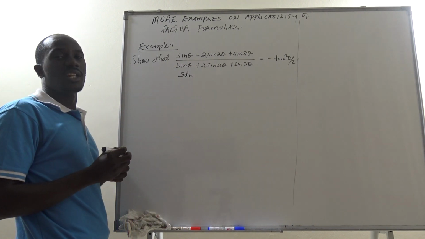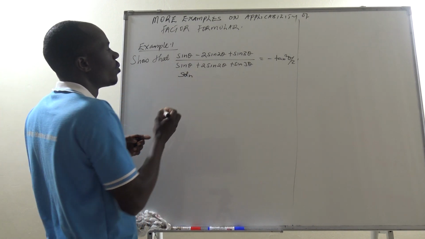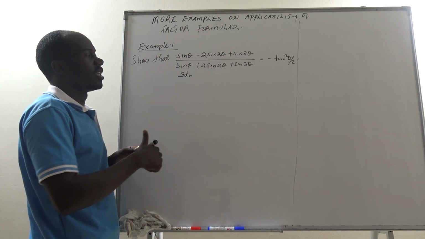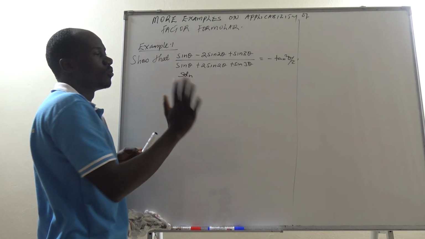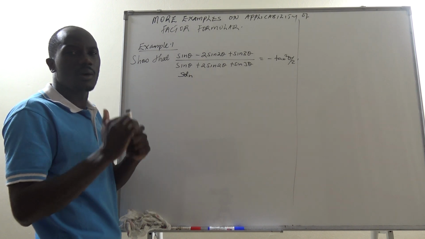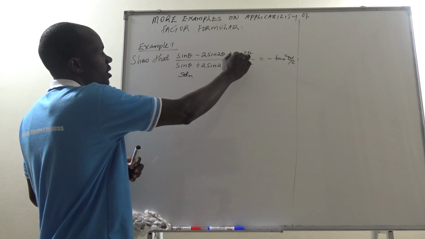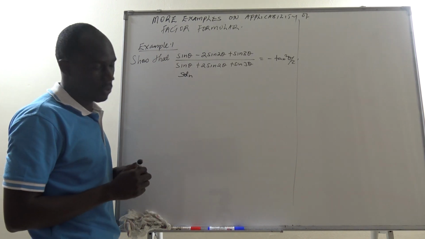We are considering the left hand side. Last time we said that when you are solving, you bring those with bigger angle close to the one with a smaller angle. So I'm going to bring this and this one close.